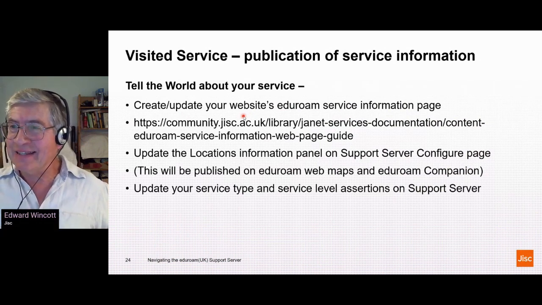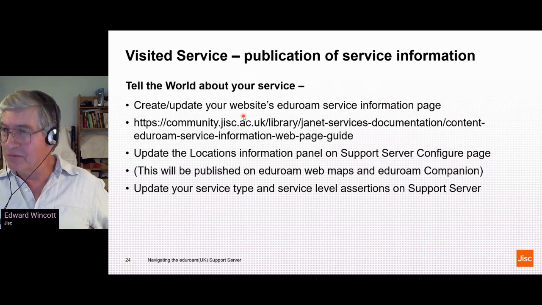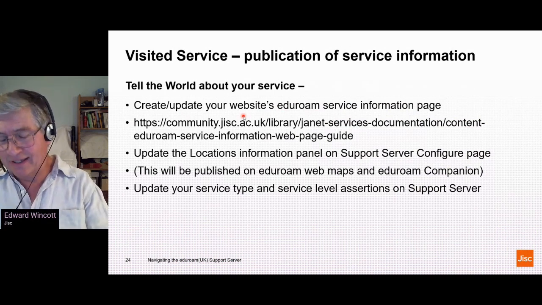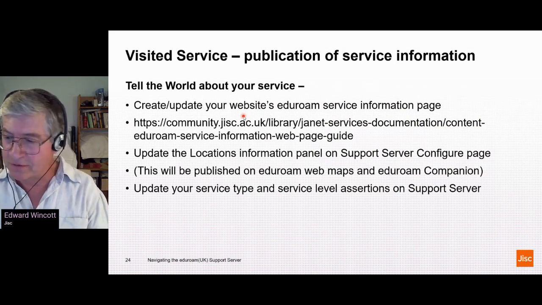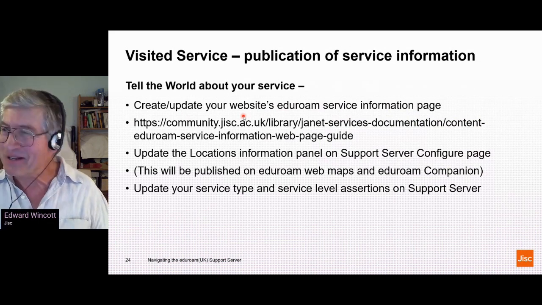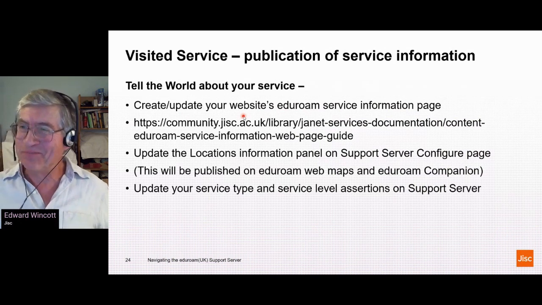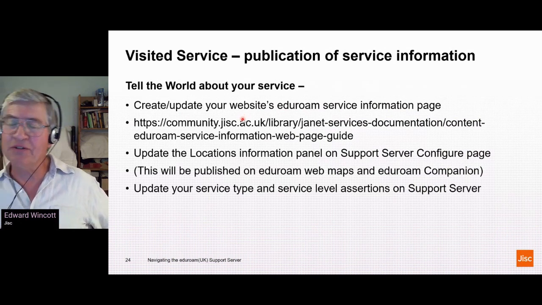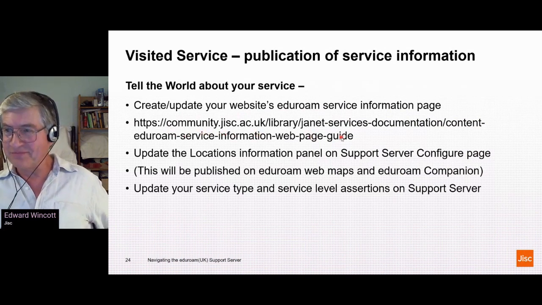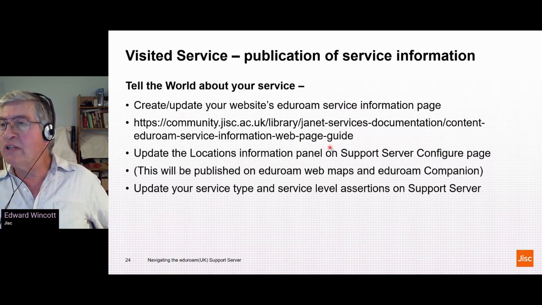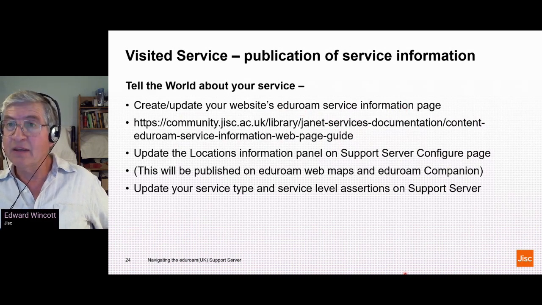The eduroam.org website is the one place that all the eduroam users on the planet can go to for a single source of truth. But we'd also point you to the Jisc community website, and you'll find on there information about what you need to put in place on your service information page.